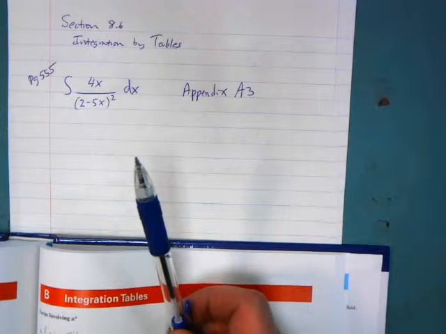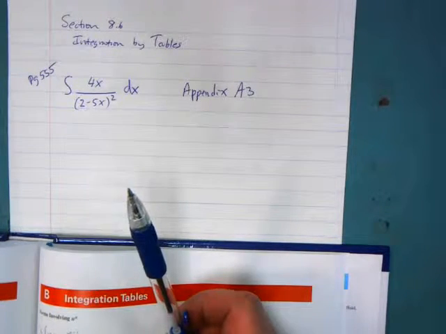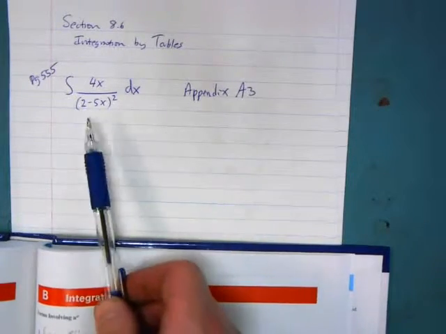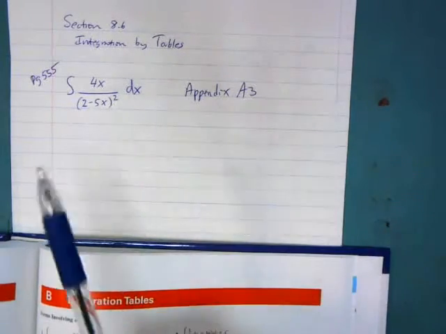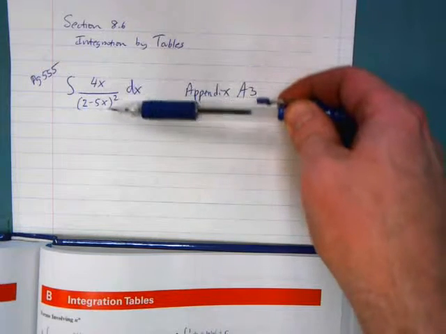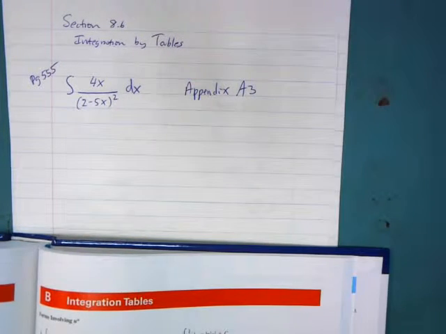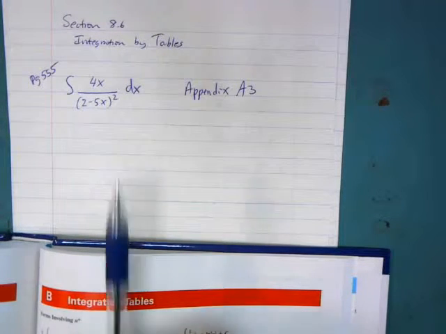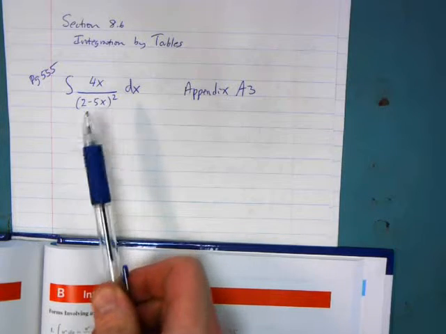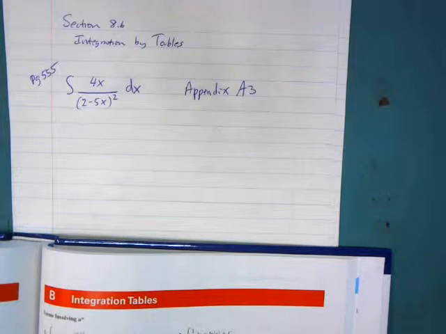Anybody got another way? Foiling at the bottom and dividing is not going to help. You divide when the power on top is bigger than the power on bottom. What about foiling out the bottom and completing the square? Well, this one is factorable.